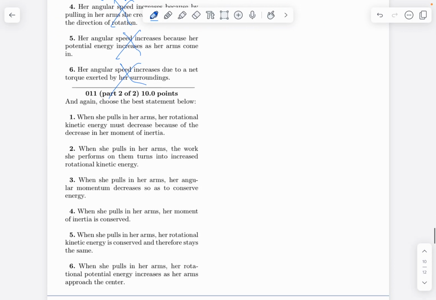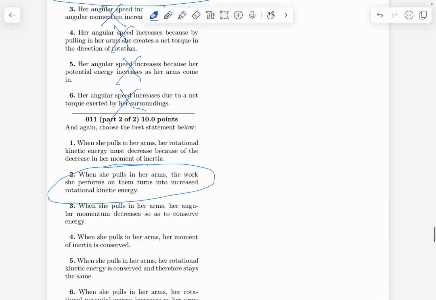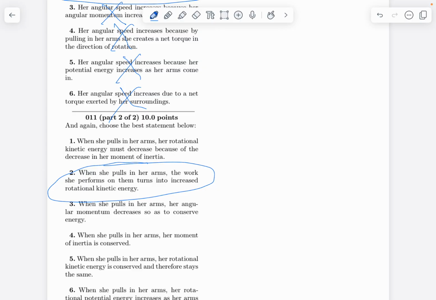Okay, so you have to choose a true statement, and we know that it takes energy to pull in your arms. So she's doing work. So that's number 2. Number 1 is not true because her kinetic energy increases.